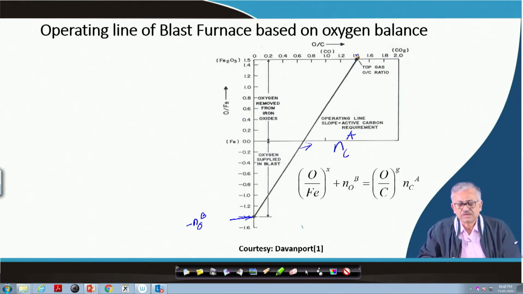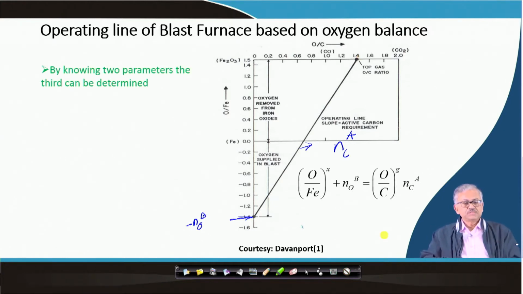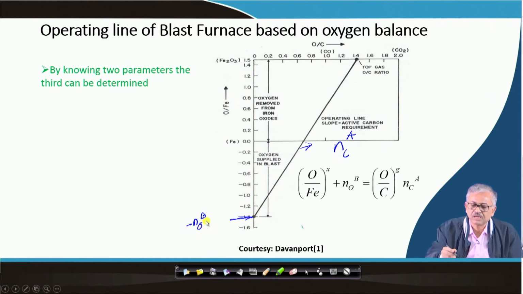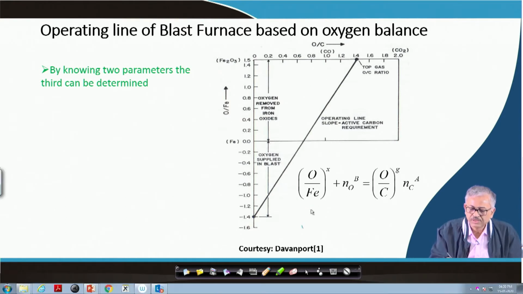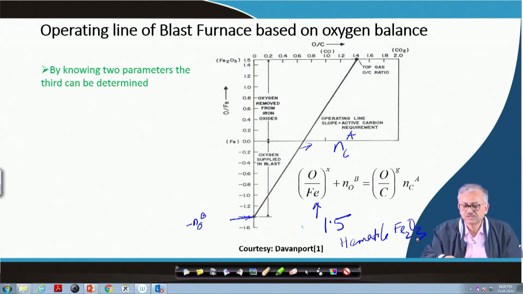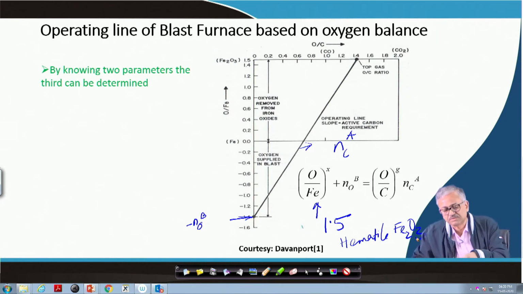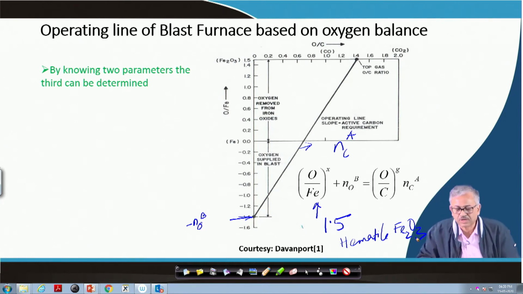So, here you can find that if you define two parameters, the third can be defined. We have three parameters: one is NCA, another is NOV, another is O by C. O by Fe is known; O by Fe for hematite ore, or Fe2O3, per gram atom of iron is 3:2, that is 1.5.